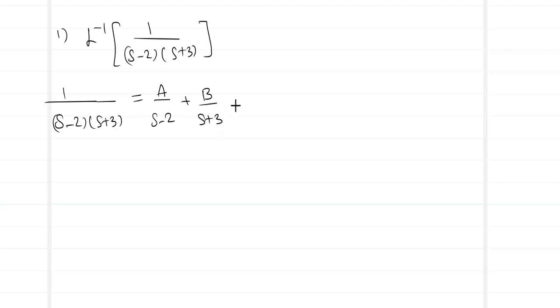Now take the LCM of your denominator, in which case s minus 2 into s plus 3 will be A times what is missing here, which is s plus 3. So adjust it with s plus 3 in the numerator. What is missing in the second term is s minus 2, so adjust your B with s minus 2 in the numerator.